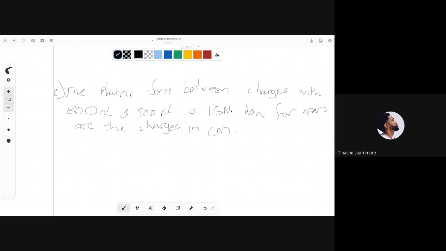You may raise your hand once you have the final answer. Okay, and time. What is the answer in centimeters?